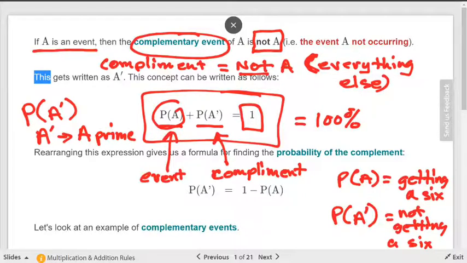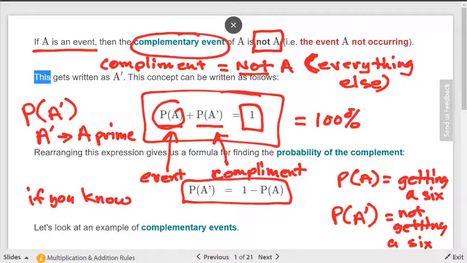Well, absolutely. Or easier. Okay? All right? So, I'll write that down right now. And that's what this formula is telling us here.